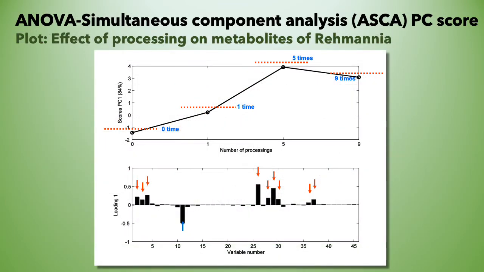Here we also use some statistical methods to analyze the different compositions after 0 time, 1 time, 5 times, 9 times, what kind of compounds are decreased, what kind of compounds are increased. So there are different variations, but it looks like after 5 times of processing, there is not so significant a difference anymore.